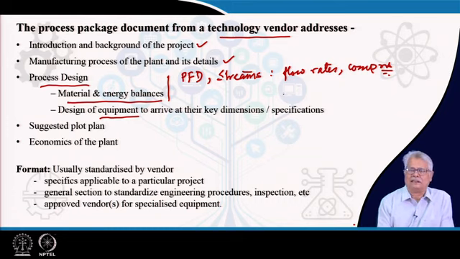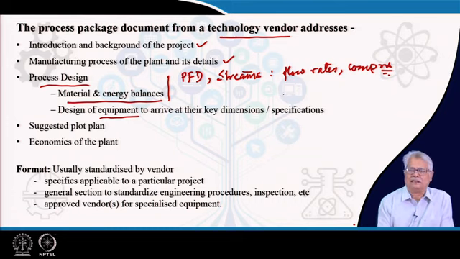Now, it is obvious the content which I have mentioned is present in this particular standardized document of the vendor, but in slightly different forms depending on the type of industry they serve. This format could be containing the specifics applicable to a particular project.